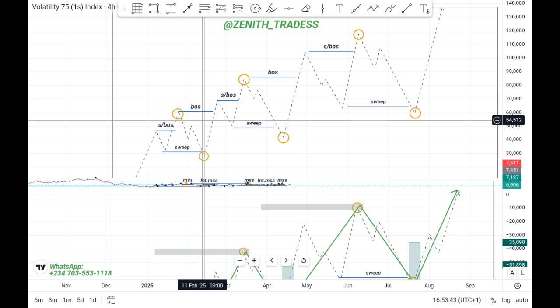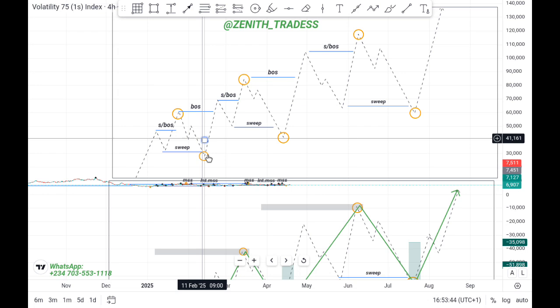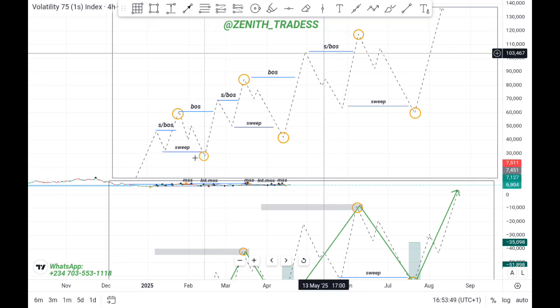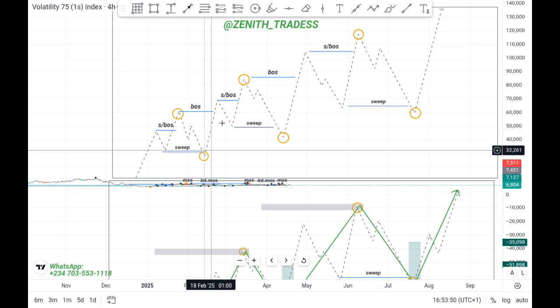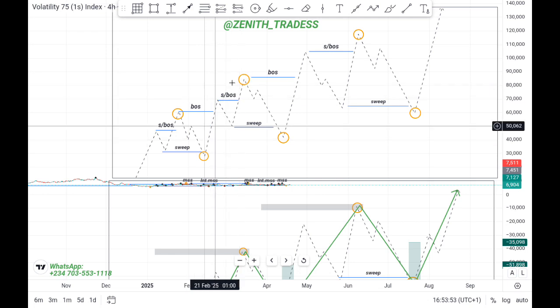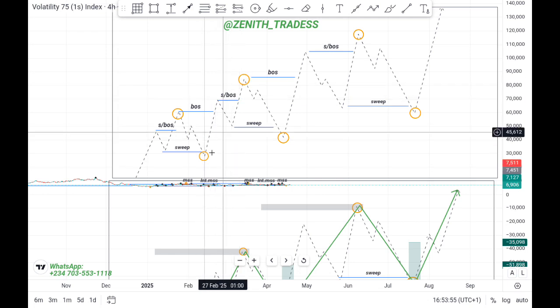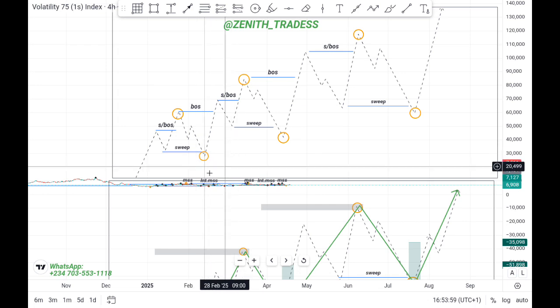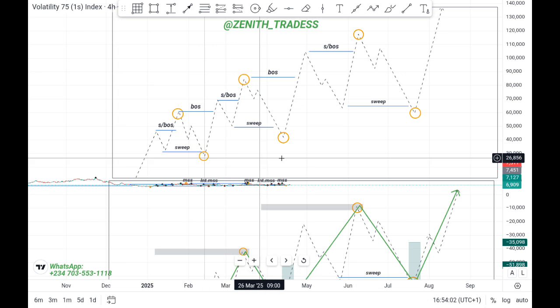But the expectation is you are not following this 4H continuously down and still expecting it to come down if the 4H structure is bullish. Once it sweeps this low, you should anticipate a change in direction, but you're not just going to enter like that. A reclaim block will give you the confluence, or CRT is going to give you the confluence as pertaining to the edge we are using here.